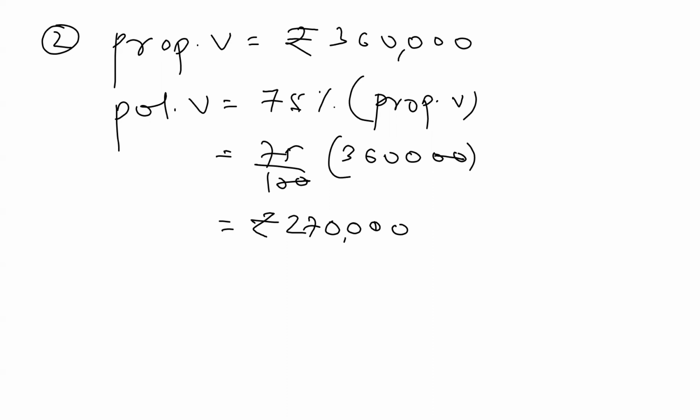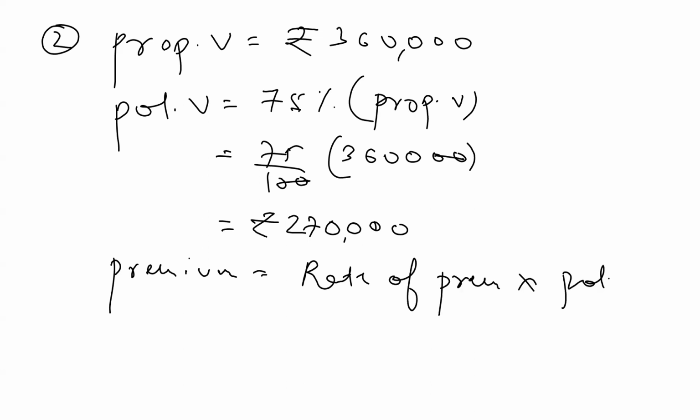Now first we have to calculate the premium paid by the owner. Okay, so premium is equal to rate of premium into policy value. Rate of premium given in this problem is 0.9%. Okay, into policy value. The policy value is 2,70,000.